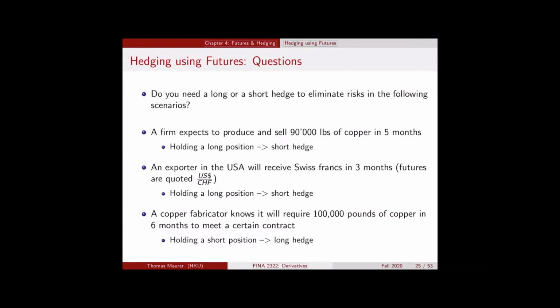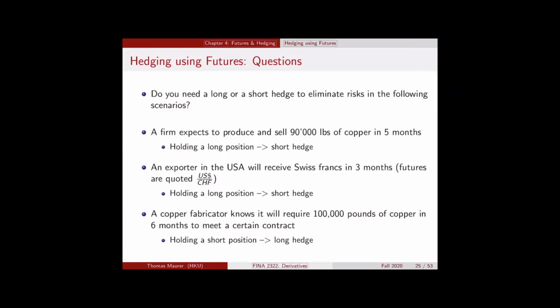Then the final example is a copper fabricator who knows that it will require 100,000 pounds of copper in 6 months to produce something. This means that the risk to this fabricator is an increase in the copper price, because then the fabricator will have to pay more money to buy that copper.